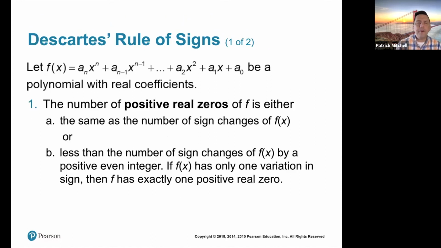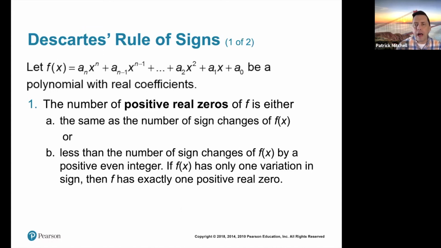All right, and that brings us to Descartes' rule of signs. Descartes' rule of signs says that if f(x) is a polynomial with real coefficients, then the number of positive real zeros of f is either the same as the number of sign changes of f, or it's less than the number of sign changes of f by a positive even integer, all right?